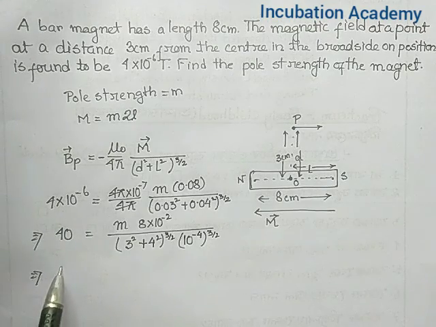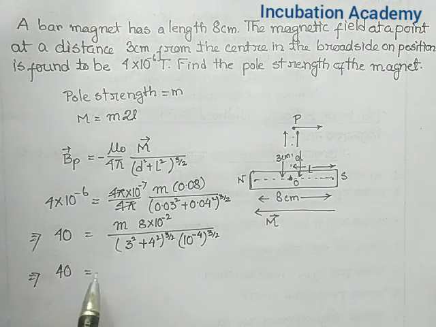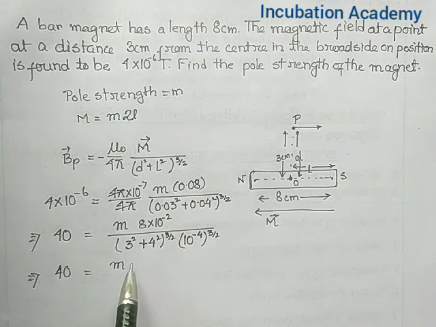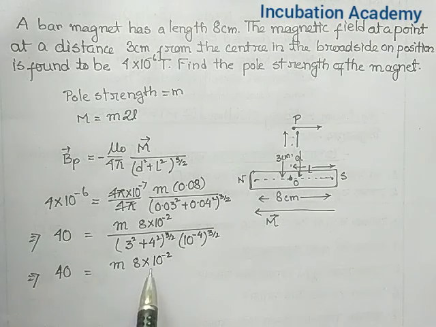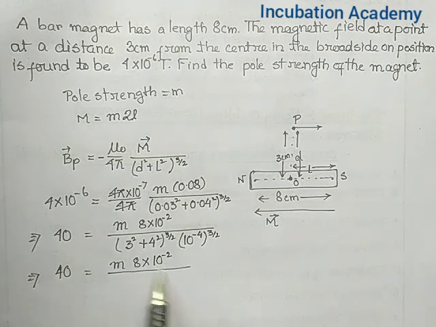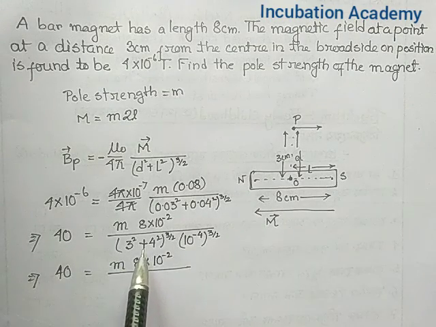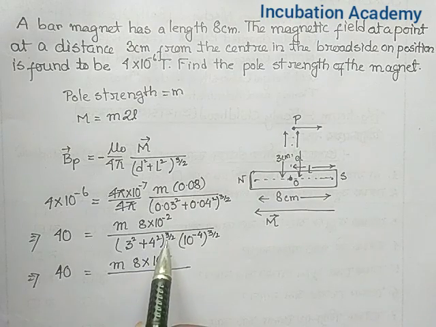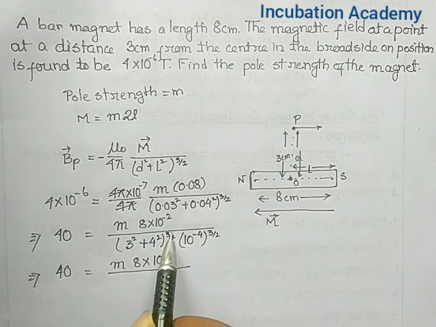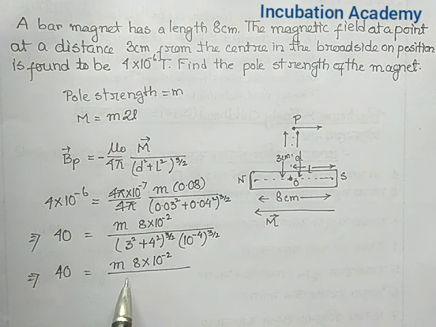So it is 40 equal to m times 8 into 10 to the power minus 2, into 3 square plus 4 square, 9 plus 16 is 25, 25 to the power 3 by 2.